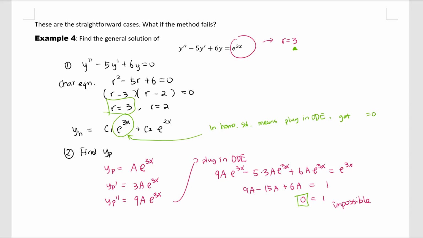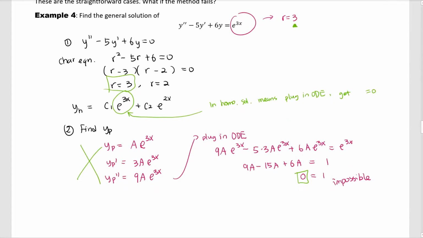So if the right-hand side corresponds to 3 again, it's like a repeated root. Instead of setting up yp as a e to the 3x, which is the wrong setup, our new yp should be multiplied by an extra x, because it's repeated. So this is our correct setup.